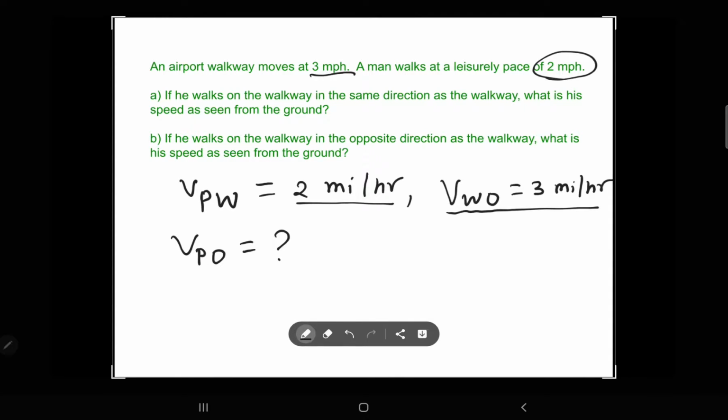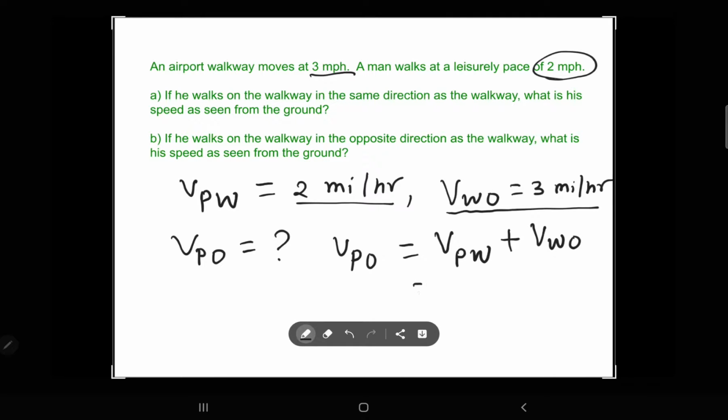Okay, so to find the velocity of the passenger with respect to the observer, we can set up the formula. Look here. The velocity of the passenger with respect to the observer sitting on the side will be equal to the sum of the velocity of the passenger with respect to the walkway, plus the velocity of the walkway with respect to the observer.